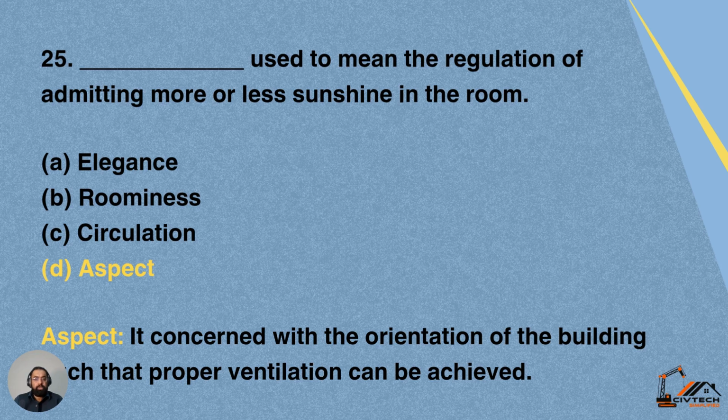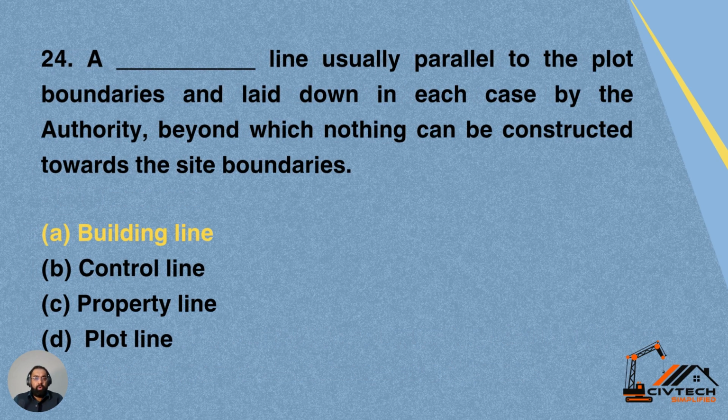Then we have question number 24, option A. A dash line, usually parallel to the plot boundaries and laid down in each case by the authority, beyond which nothing can be constructed towards the side boundaries.